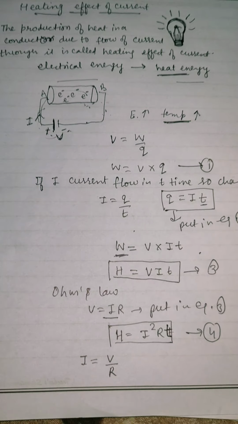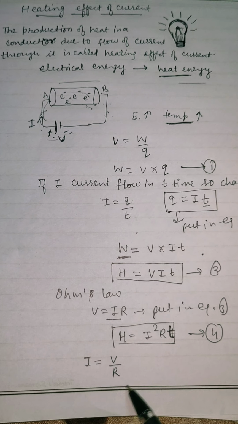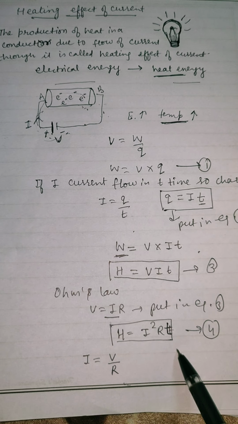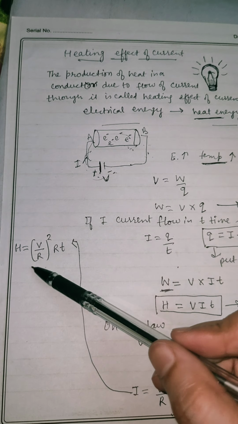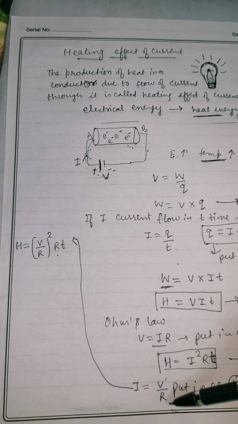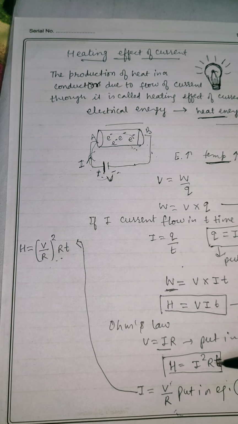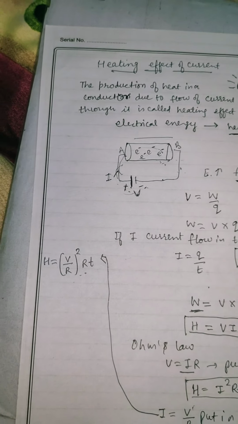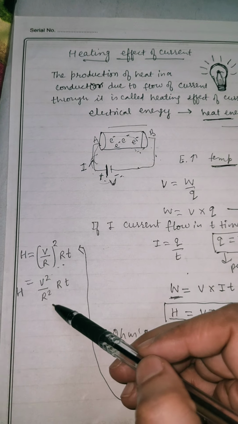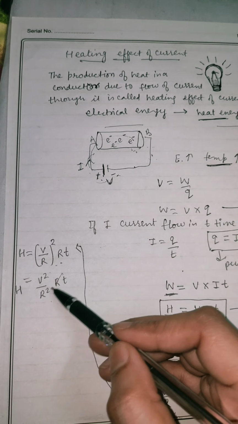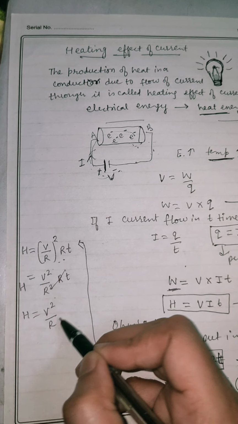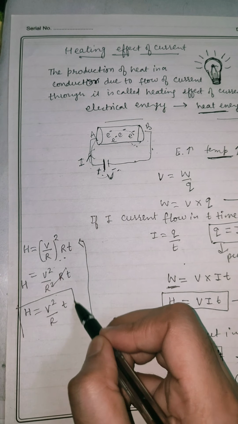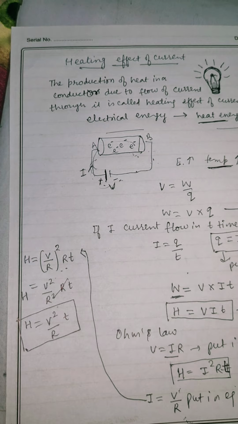From Ohm's law, I equals V upon R. Put this value in equation 4 and we get H equals (V upon R) whole square into RT. Now simplifying, we get V square upon R square. Now one R is cancelled, so we get V square upon R into T. This is another formula for heat.